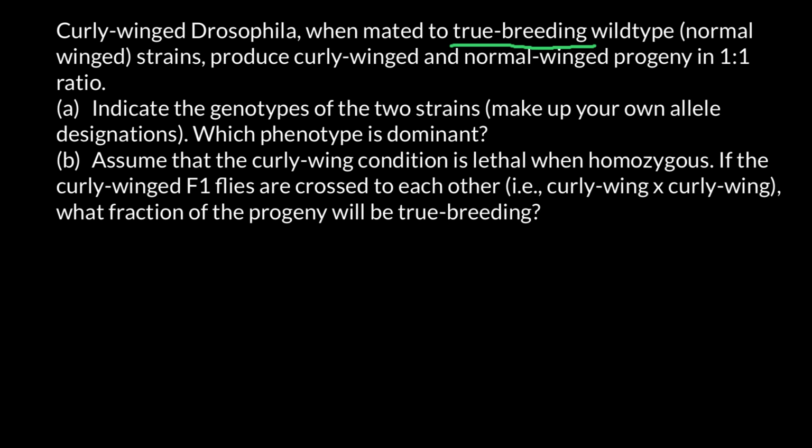If we see segregation of traits, that means this animal or plant is not true breeding for this trait. So if we have two alleles, a dominant allele and a recessive allele, true breeding can be with homozygous dominant or homozygous recessive.